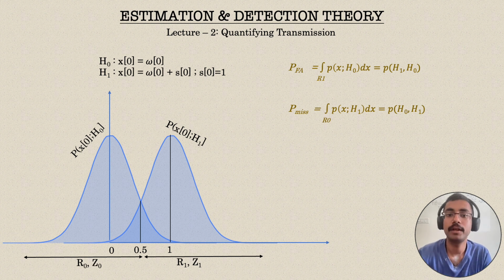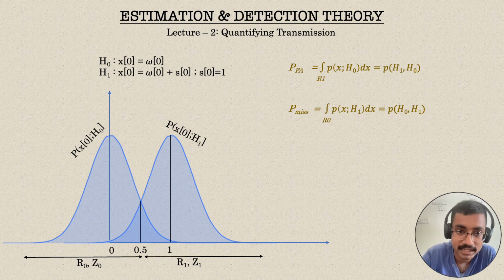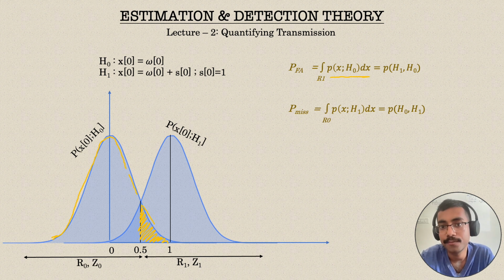For example, when we talked about PFA, if you remember from the last slide, this part is the PFA, right? So if we want to represent it in mathematical terminology, we have the probability distribution function under hypothesis H naught.